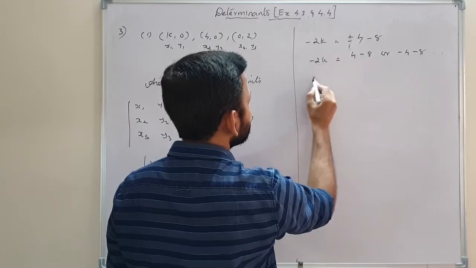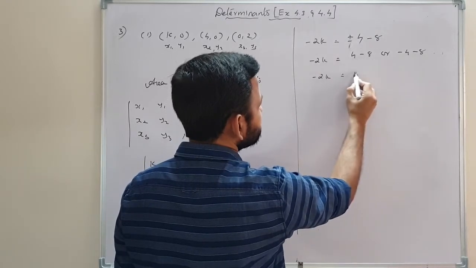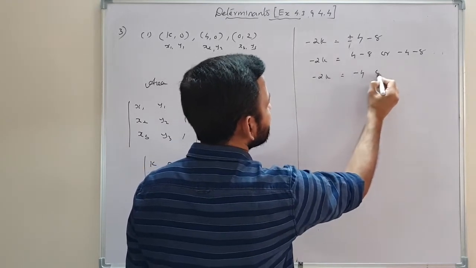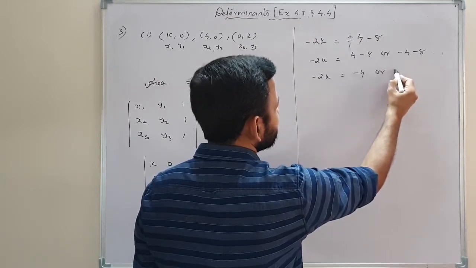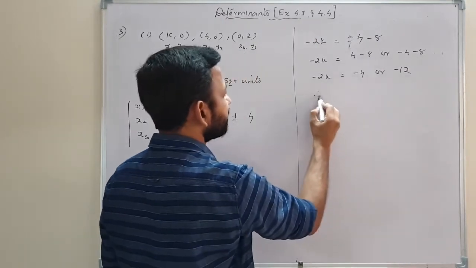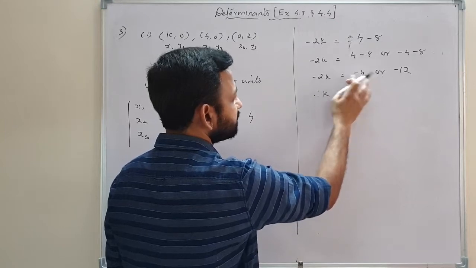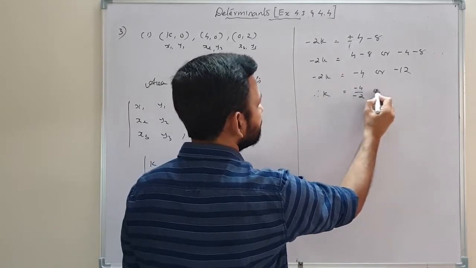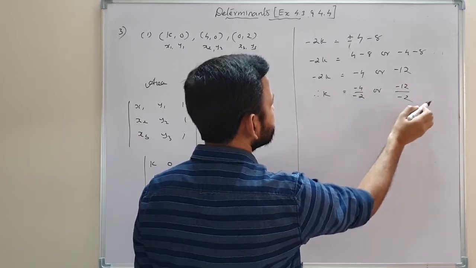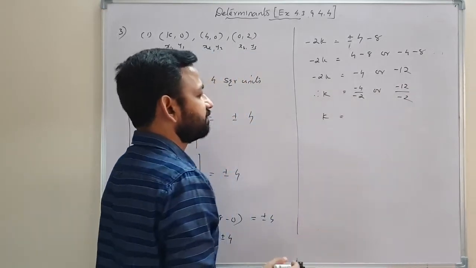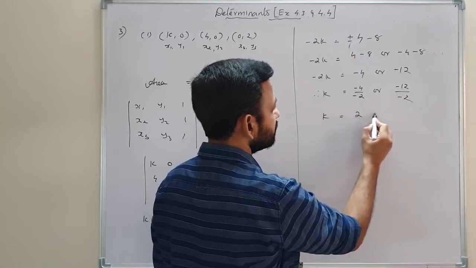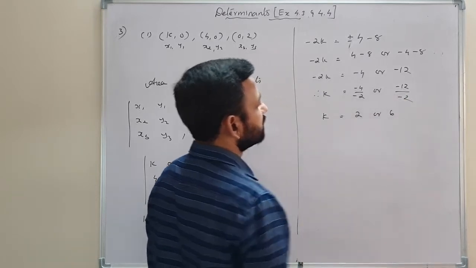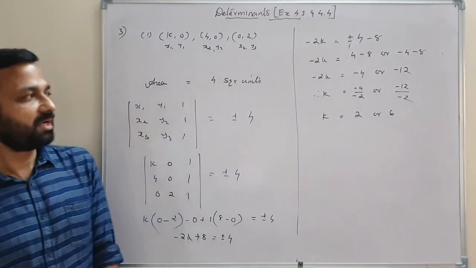So minus 2k is equal to minus 4, or minus 12. Therefore k equals minus 4 upon minus 2, or minus 12 upon minus 2, that is 2 or 6. So k can be 2 or 6.